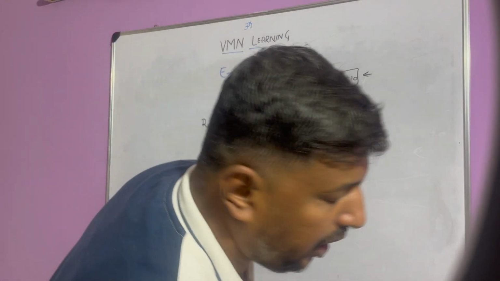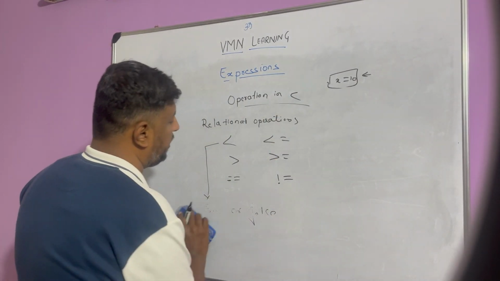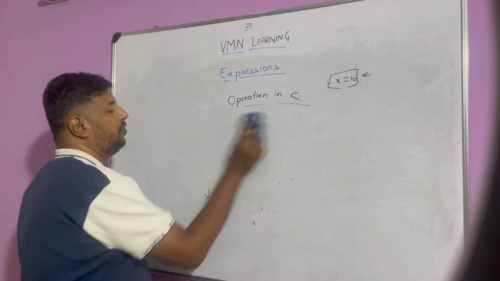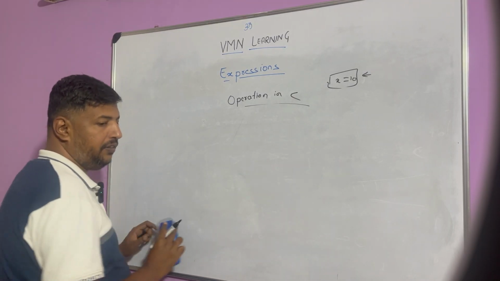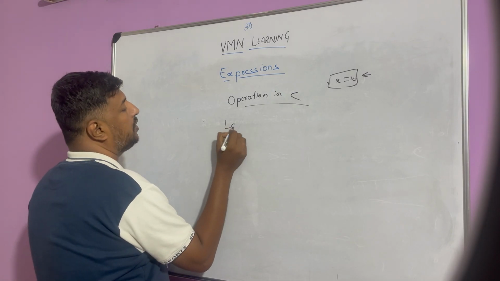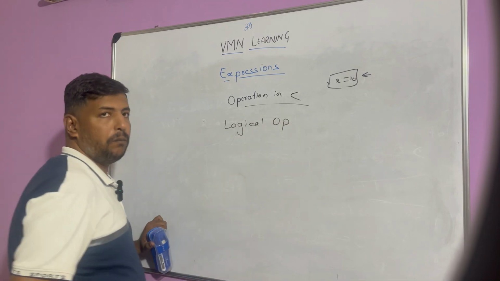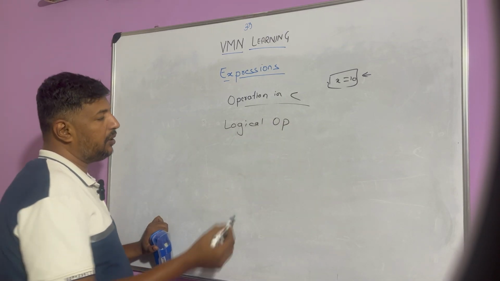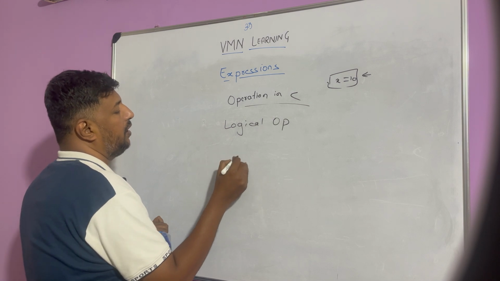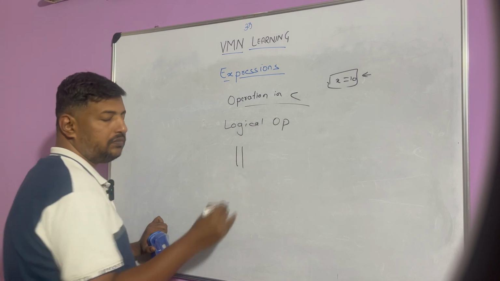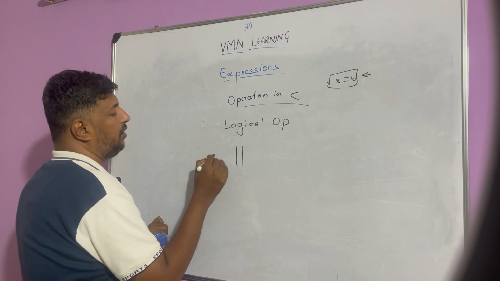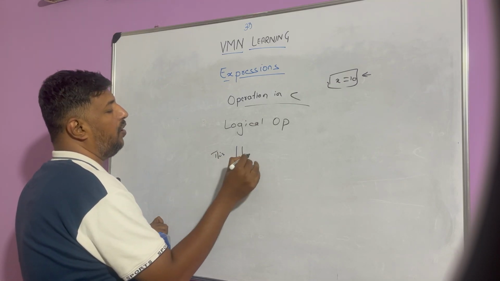Okay. Apart from these relational operations, we also have logical operations. What are logical operations? The major ones are OR, this or this.